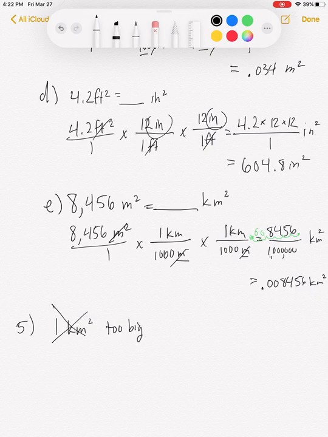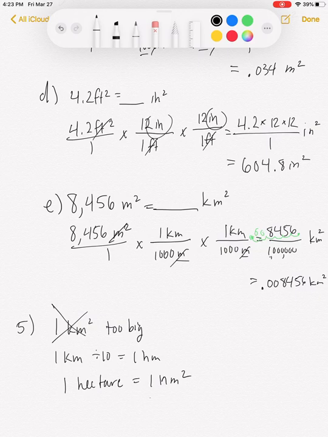So the next unit down by a factor of 10, so we have 1 kilometer, and then if you divide that by 10, you get 1 hectometer. And that's kind of what they went with there. So a hectare is 1 hectometer squared. Okay.